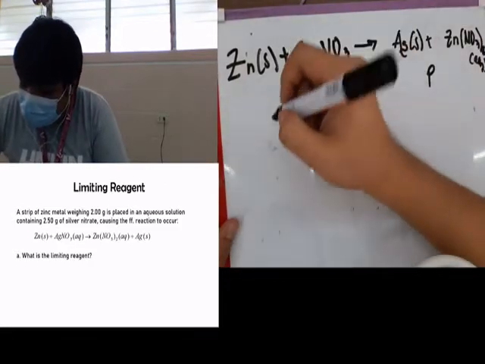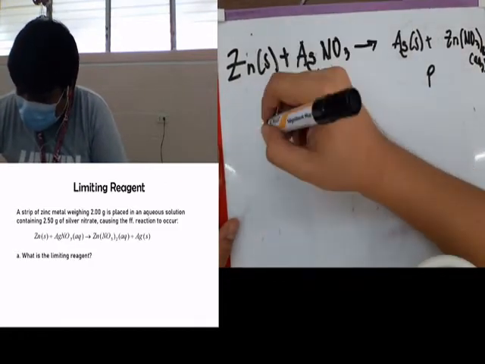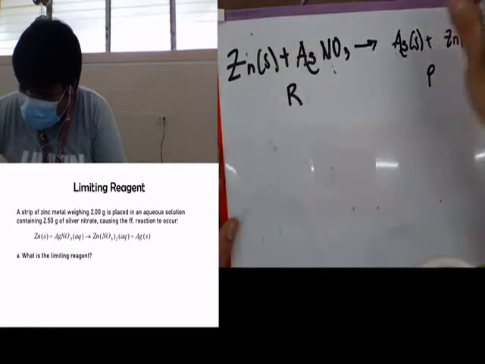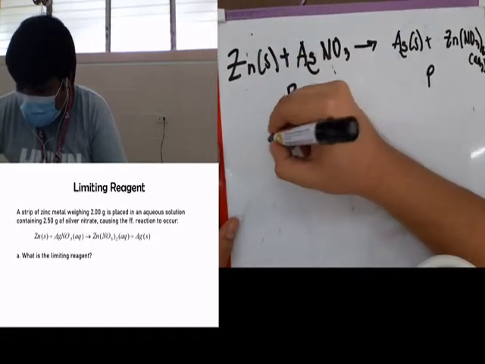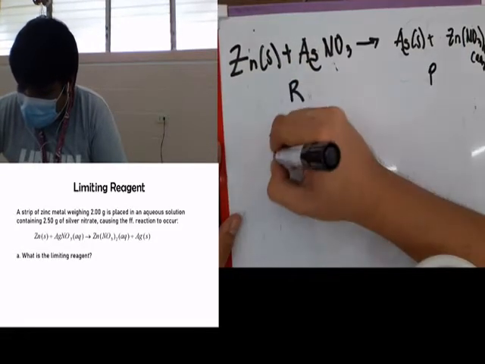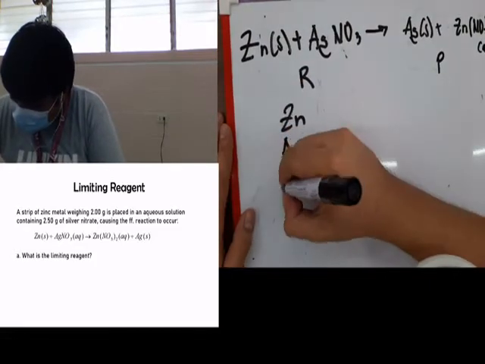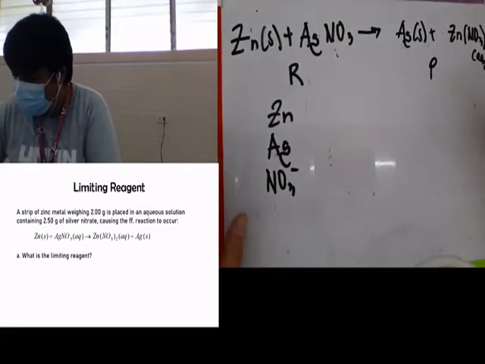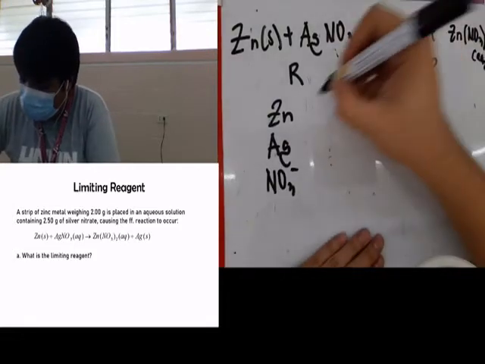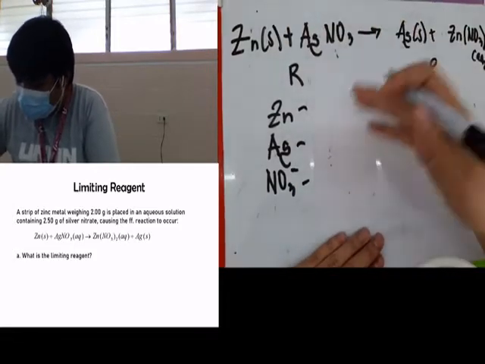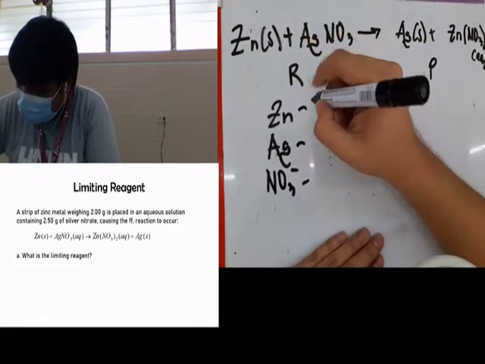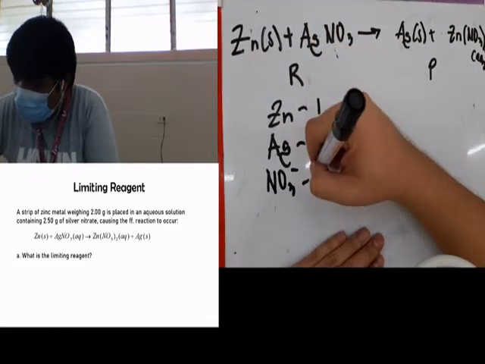Instead of balancing this reaction by elements, we balance them by ions to make it simpler. So our ions are zinc, silver, and nitrate. Here is the reactant side, and this is the product side. The coefficients of zinc, 1, 1, 1, silver nitrate.